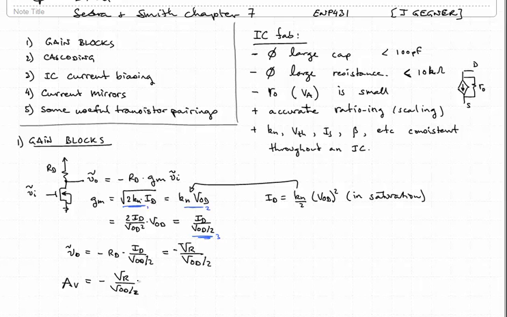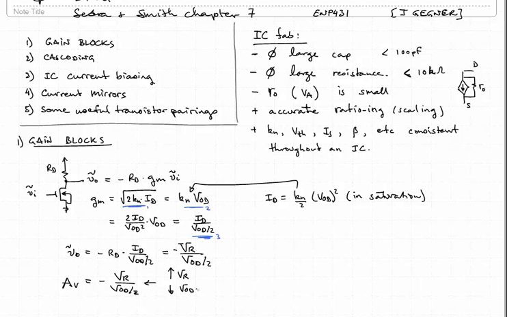Looking closer at this last term here, what we want to do to increase gain is increase the voltage across the resistor while decreasing the overdrive voltage.